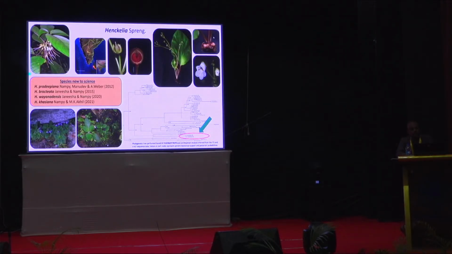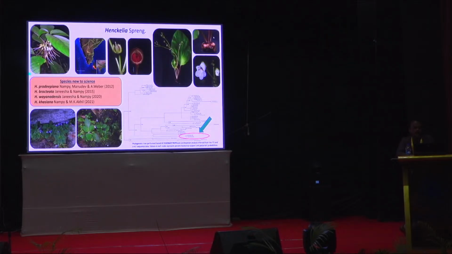The plants were initially collected by Dr. Pradeep as part of his research project, but he collected them without flowers as well as seeds, so he could not identify properly where it belongs. Almost 10 years later, when Dr. Manudev visited the same or adjoining localities, he collected this interesting plant, and upon further investigation we found that this species is quite interesting, especially with respect to the flattened tubers.